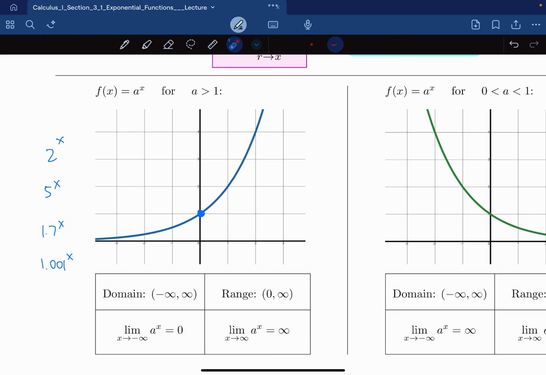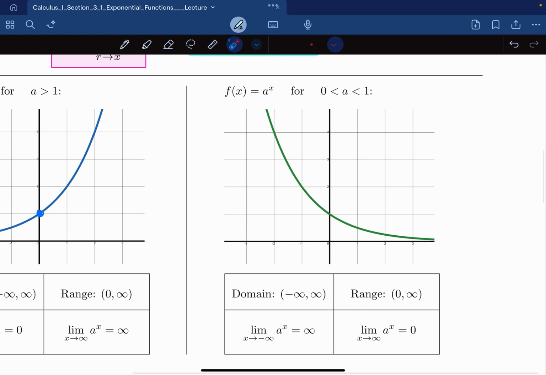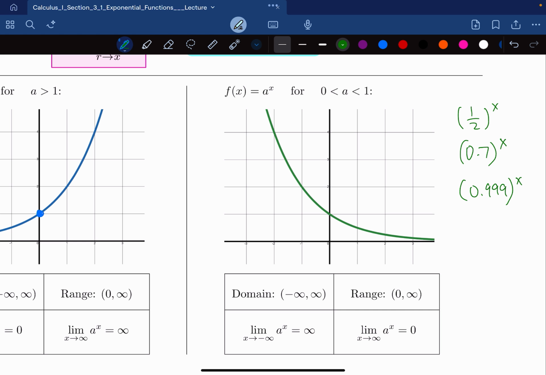On the other hand, if you're in between 0 and 1, for example, 1/2 to the power of x, 0.7 to the power of x, 0.999 to the power of x, you can get as close to 1 as you want, but as long as it's not 1, it is going to follow something to this effect, going down.